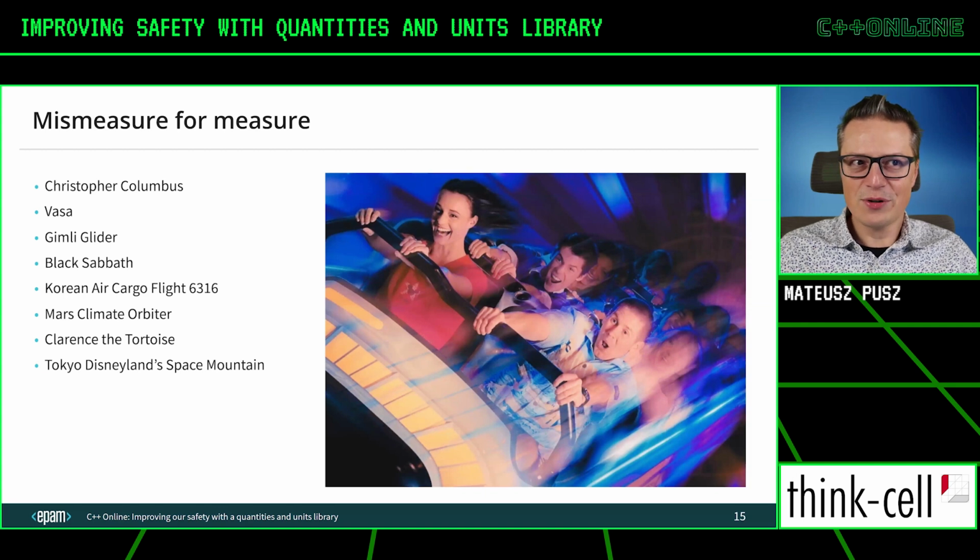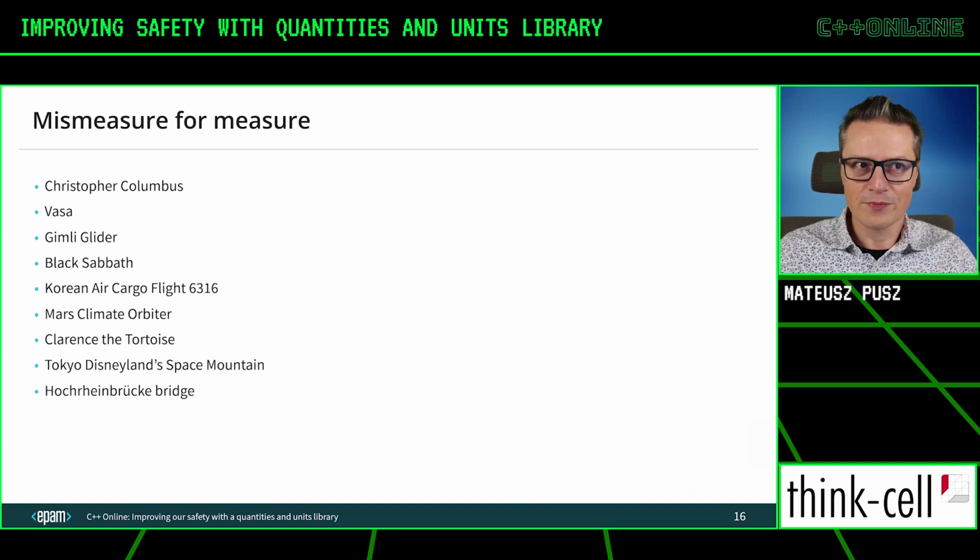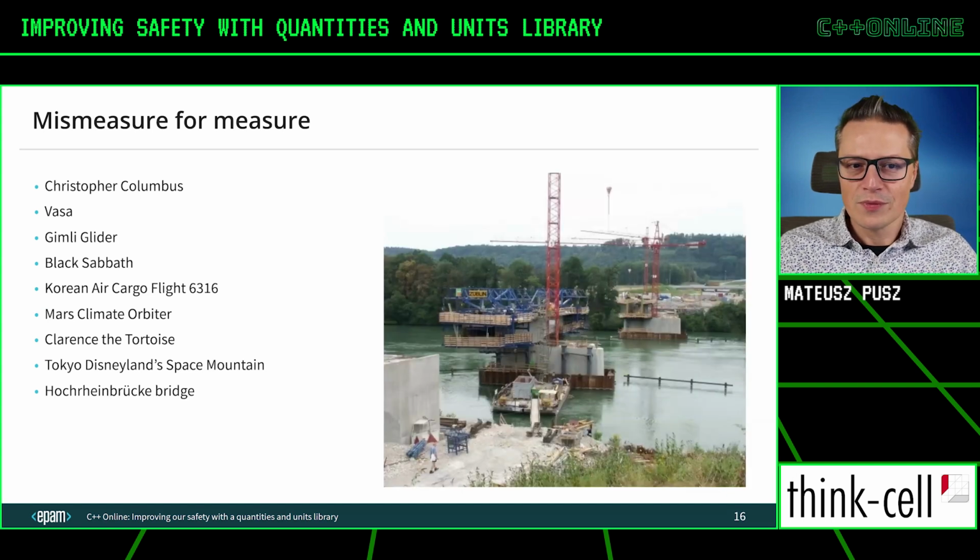In December 2003, on the roller coaster in Tokyo, one of the cars derailed because of invalid computations done during upgrading the specification. One of the axles in the cart broke because of it. Another engineering issue was during building the Hohenbrücke bridge between Switzerland and Germany.